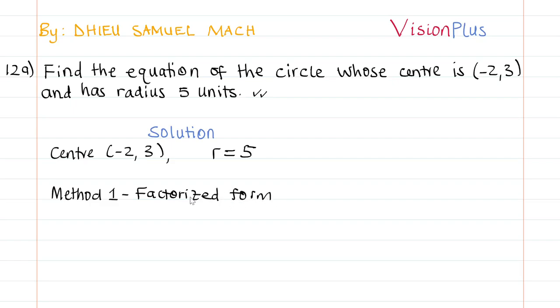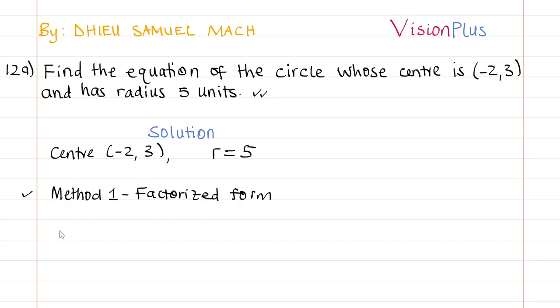Remember, there are two forms of expressing the equation of a circle. One is the factorized form and the other one is the expanded form. So for method 1, I will use the factorized form.